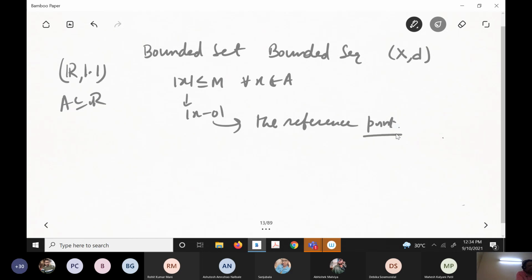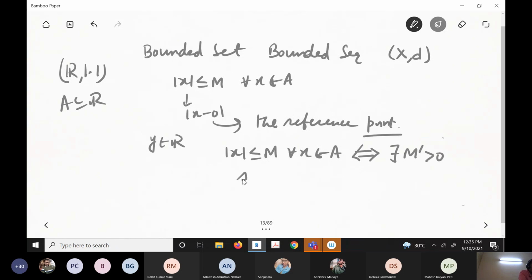But you can also see that instead of 0, if I took any other point, suppose some y in R, you can see that I will have this for all x belongs to A if and only if there exists M prime greater than 0 such that this holds.